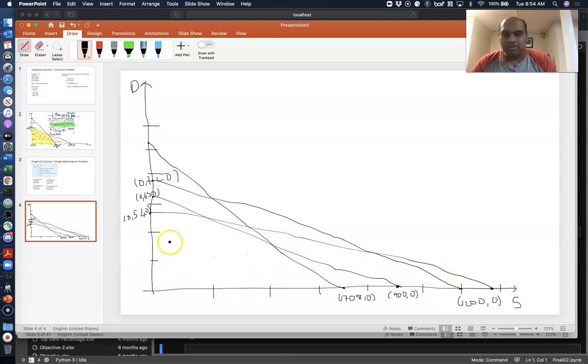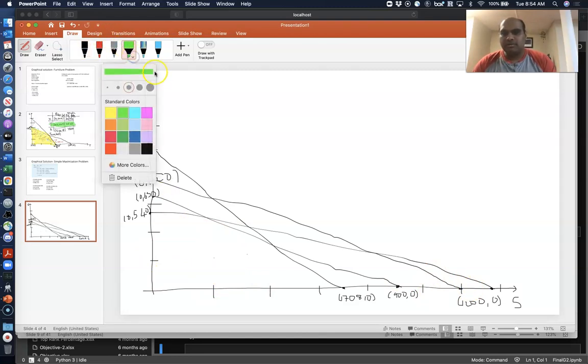So what does my final feasible region look like? So my final feasible region looks something like this.